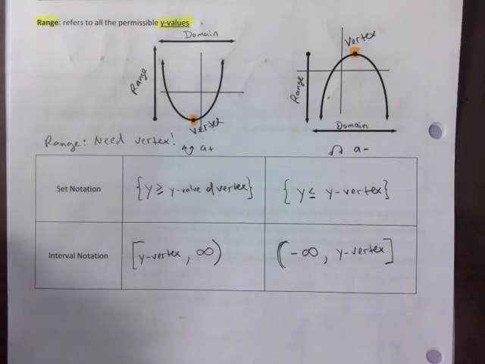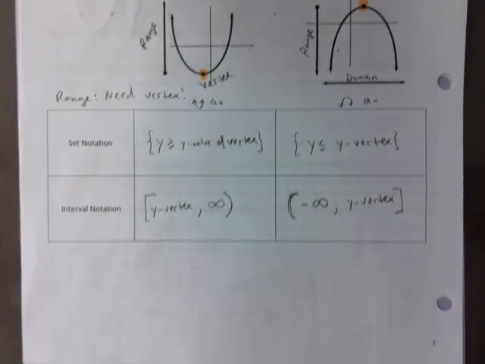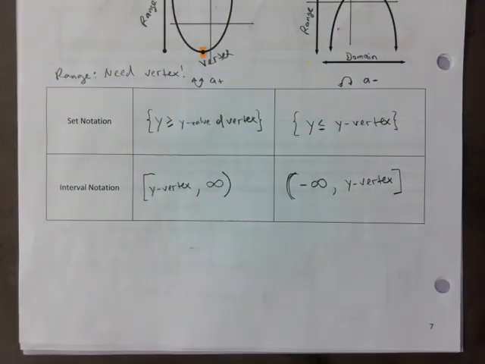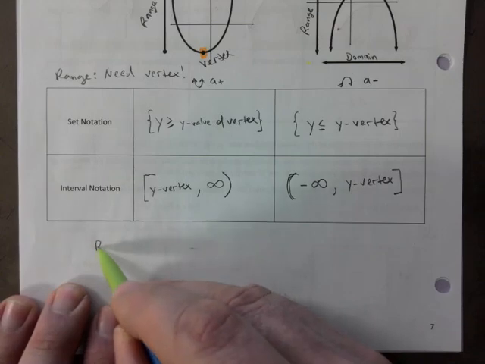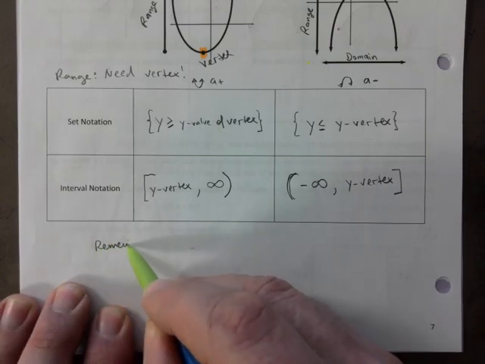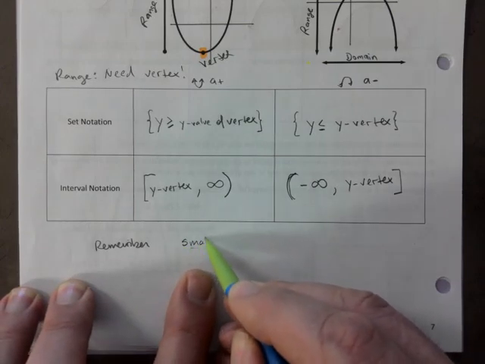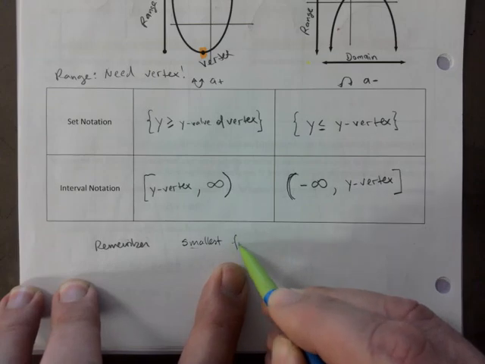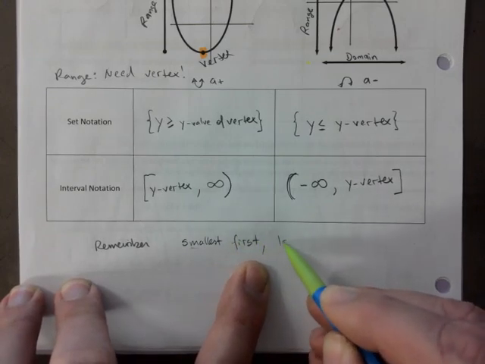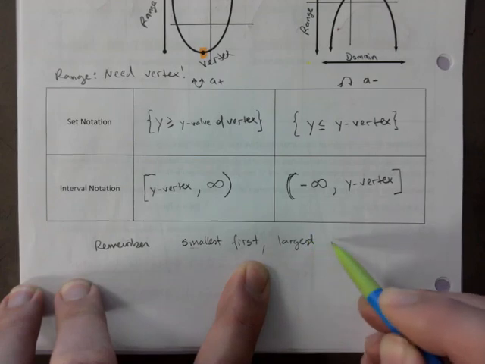And remember, for your domain and range, this is for down the road, because infinities are going to slowly disappear as we do word problems. But just remember, you do smallest first, largest second.